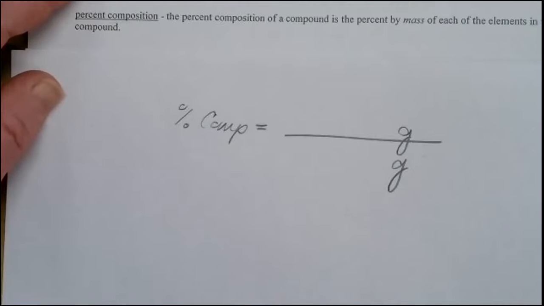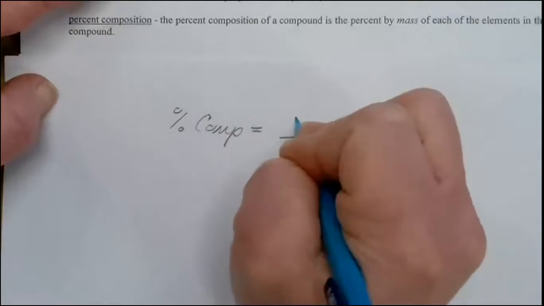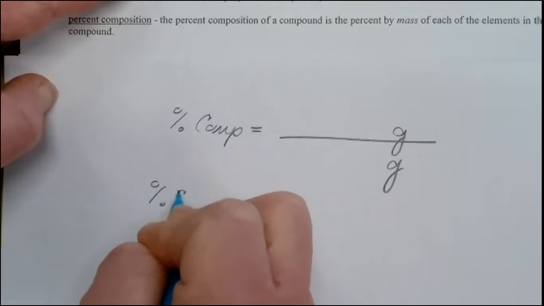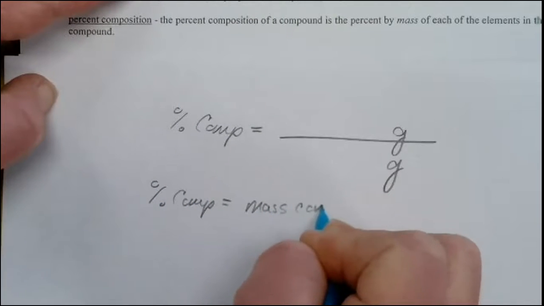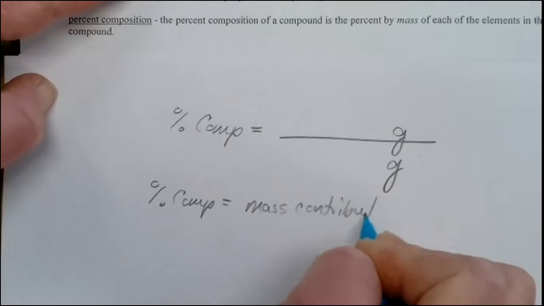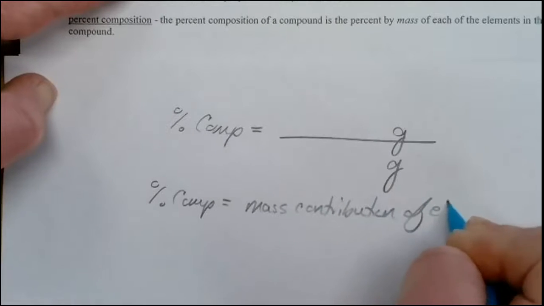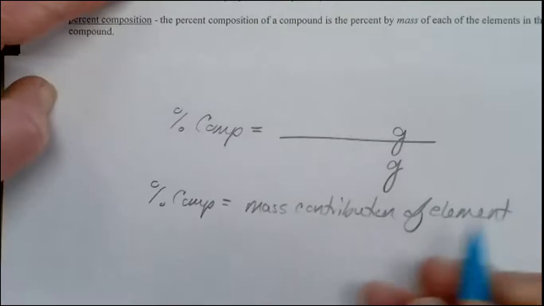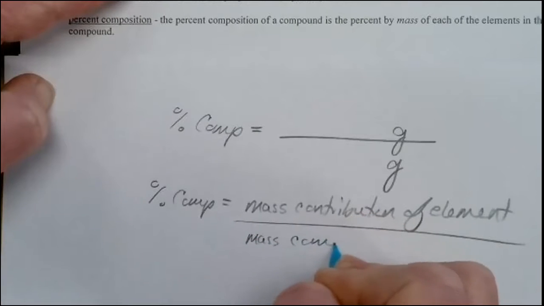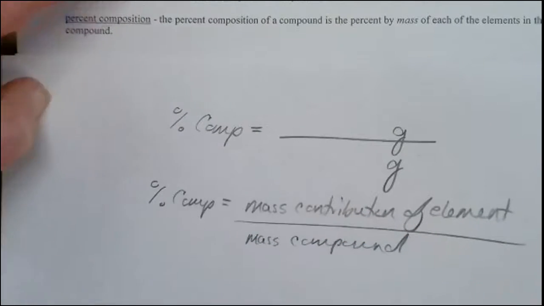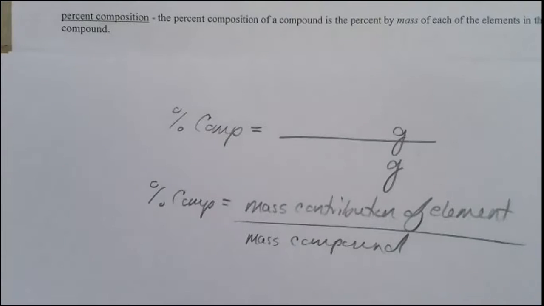So fantastic. So fantastic. So we could say the percent composition is the mass contribution of the element divided by the mass of the compound. And so we're talking about the total mass a single element brings compared to the mass of the entire compound.